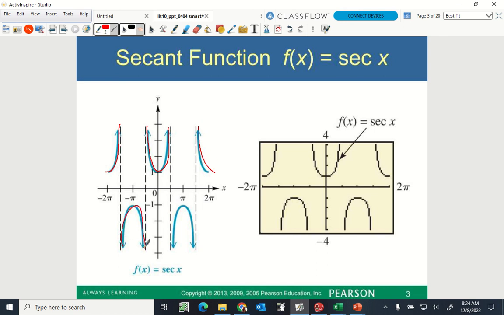Because this is secant, it is the reciprocal of cosine. So the cosine wave would actually look like this.